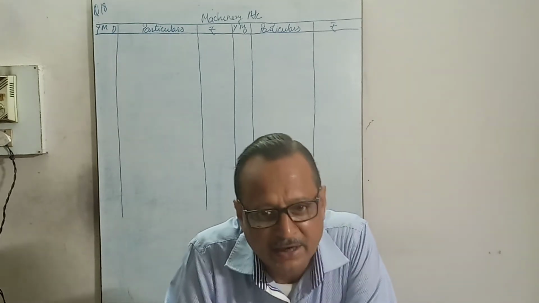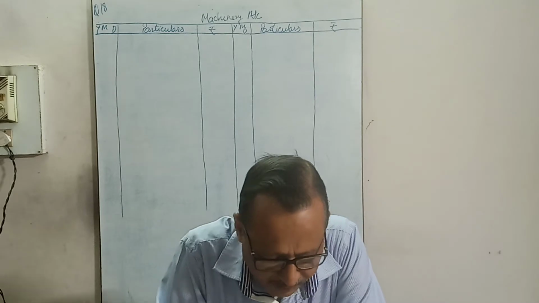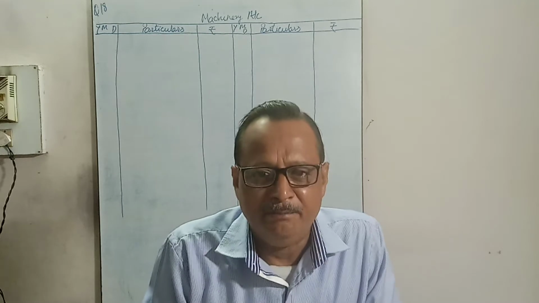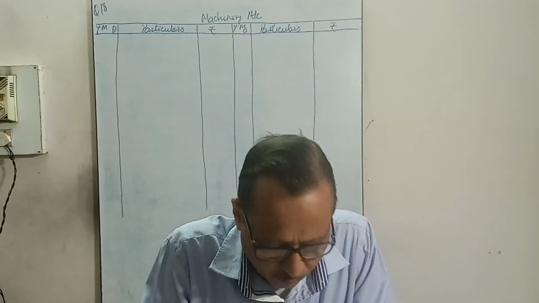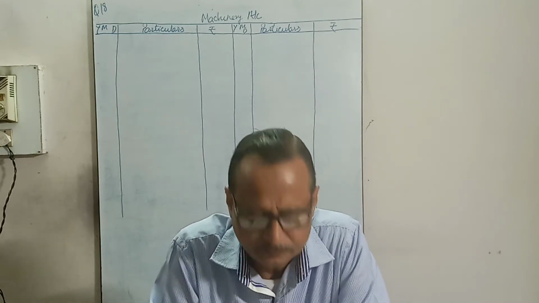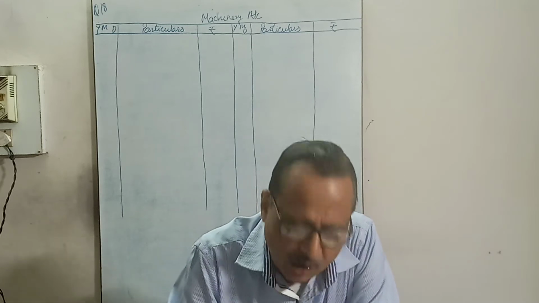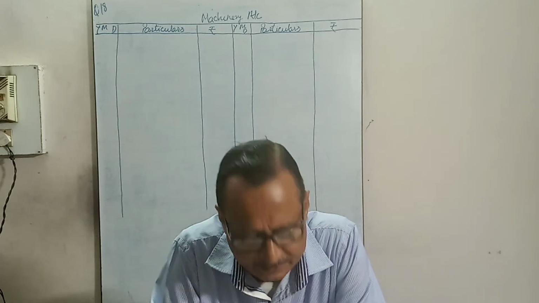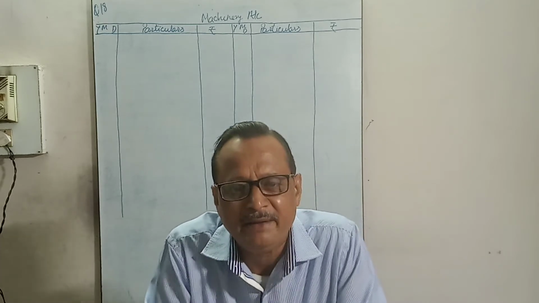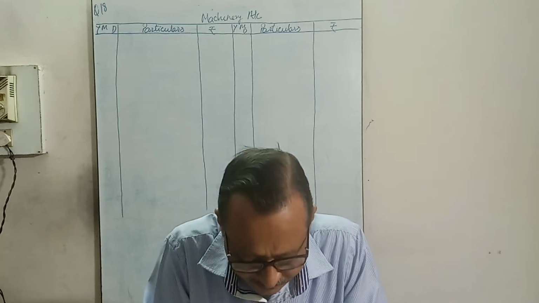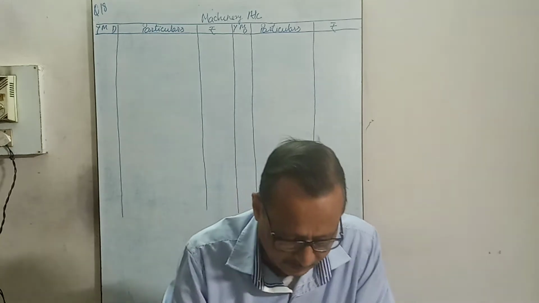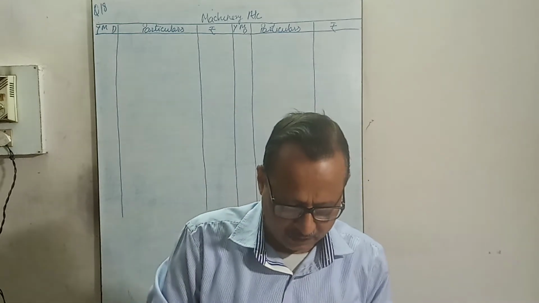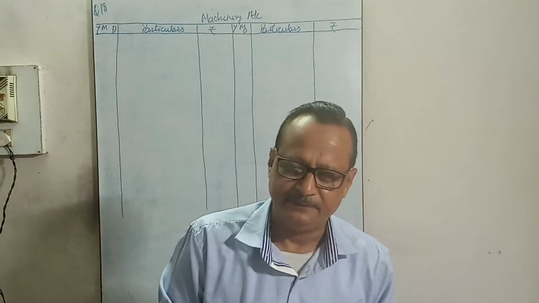On 1st April 2019, one third of the machinery installed on 1st January 2017 became obsolete and was sold for 3,000. Show how the machinery account would appear in the books of the company, it being given that machinery was depreciated by diminishing balance method at the rate of 10% per annum. What would be the balance of machinery account on 1st April 2020?